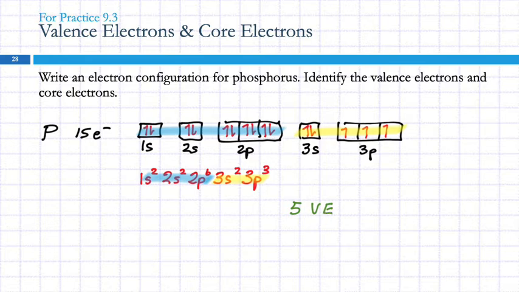VE stands for valence electrons. CE stands for core electrons. How many core electrons are there? 10. 2 and 2 is 4 plus 6 is 10. Or count them. 1, 2, 3, 4, 5, 6, 7, 8, 9, 10. Any questions? This takes some practice before you remember it, but the hotel seems to help most students.